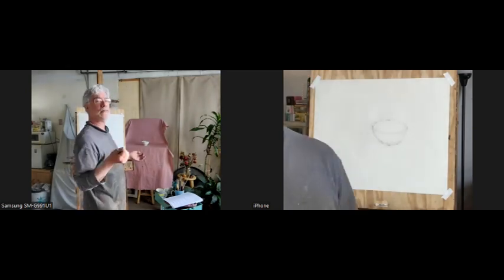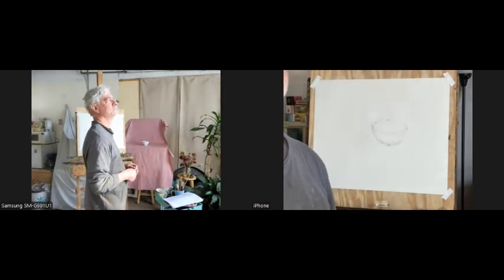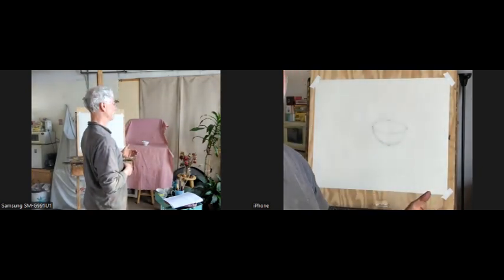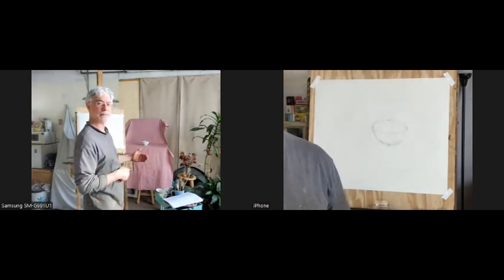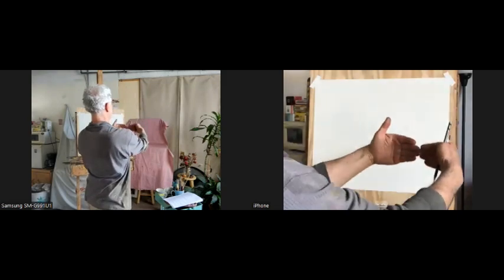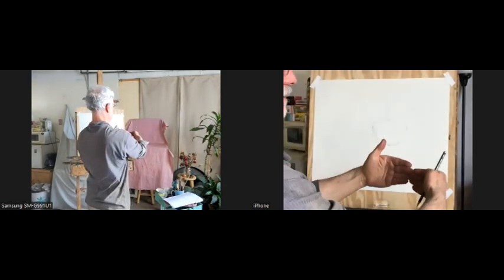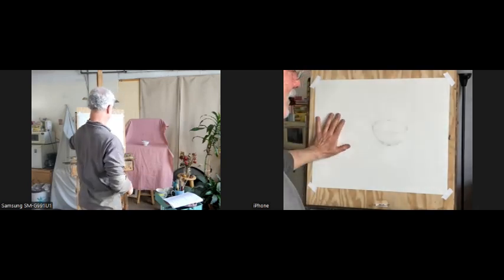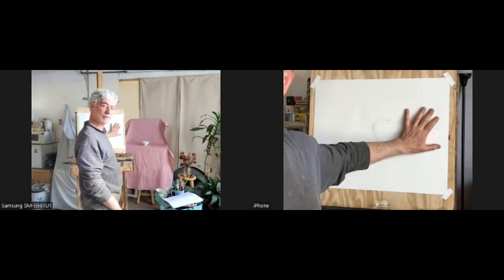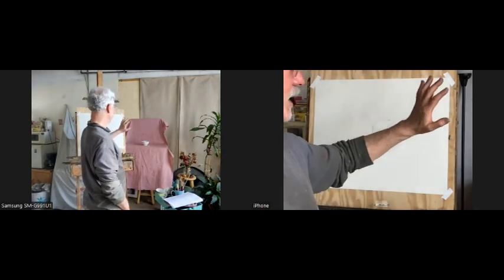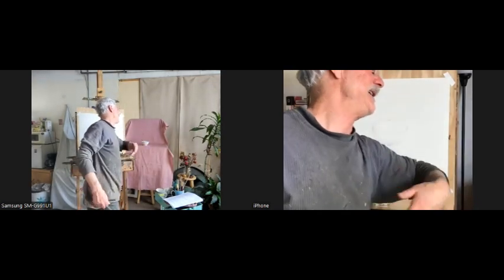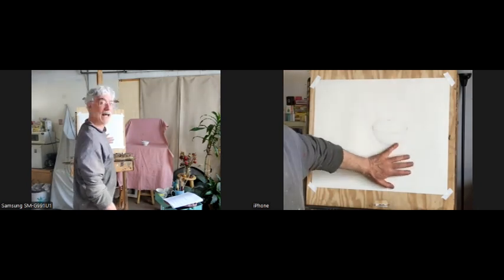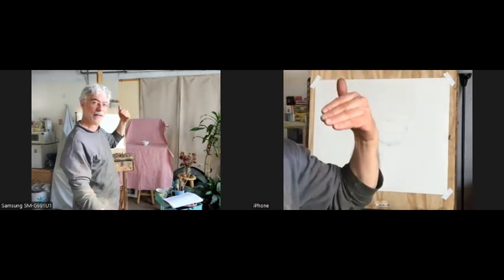So what I'm doing is I'm looking through a grid. I've got this imaginary grid in my mind, and this grid is the same as this paper. I'm learning how to translate this space into a flat situation by looking through this grid.